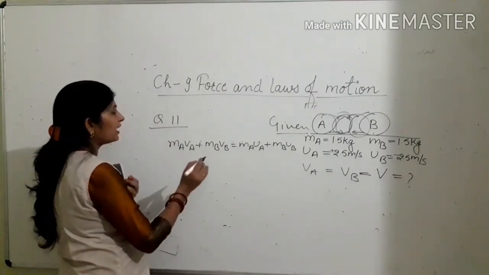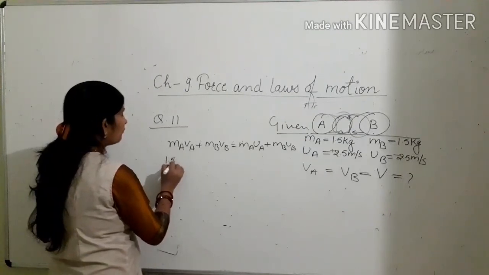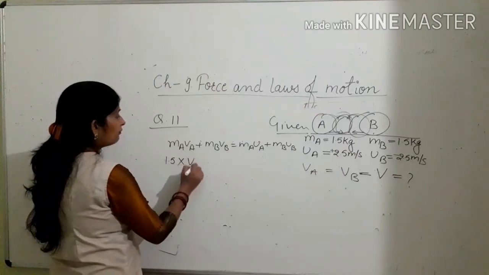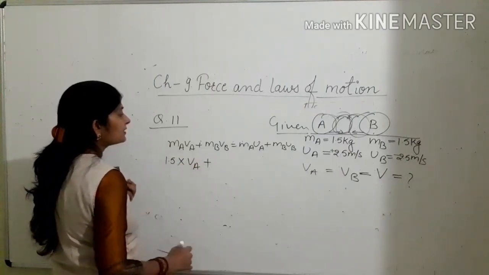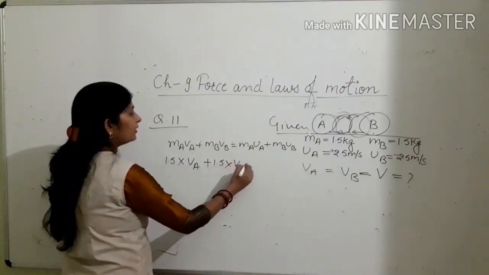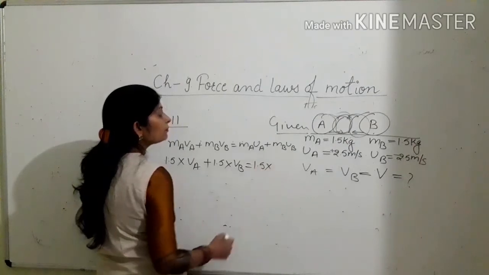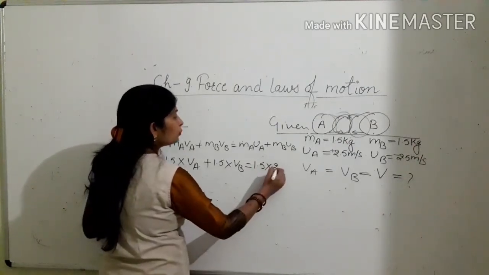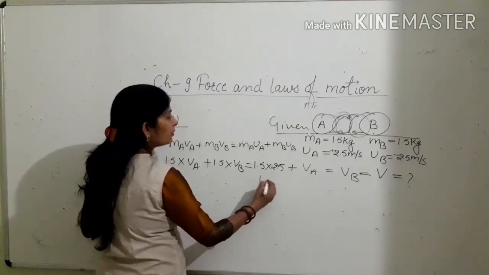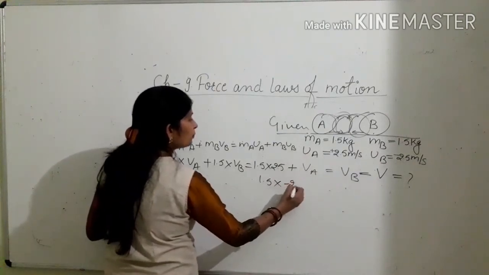MA is 1.5 kilogram into VA, we have to find it, plus MB 1.5 kilogram into VB, we have to find it, is equal to MA 1.5 kilogram into UA 2.5 plus MB 1.5 into UB minus 2.5.